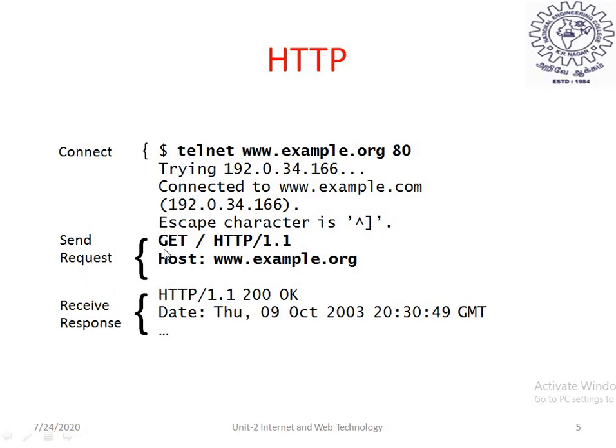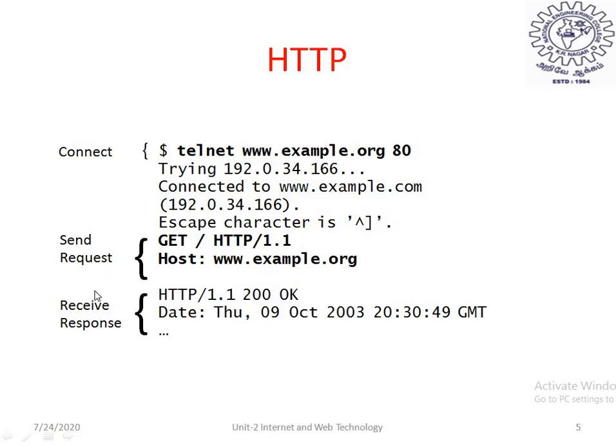In the sent request, we are using the GET method, and here HTTP, Hypertext Transport Protocol, and this is the version number 1.1, and the host is www.example.org, the resource requested by the client.